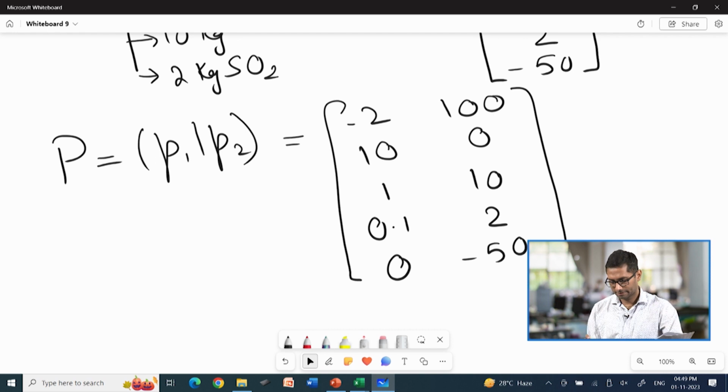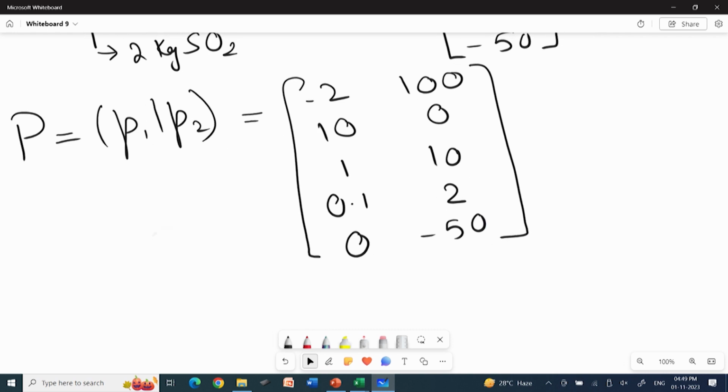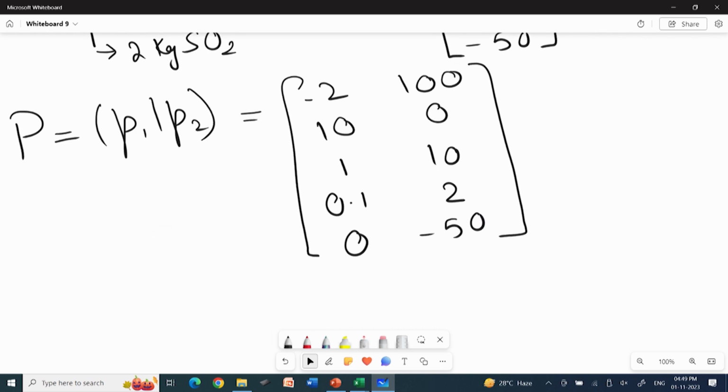So the two processes taken together could be denoted with the help of a combined matrix, which is denoted by the alphabet P, and further this matrix can be broken down into two different matrices, which is A and B. So what do I mean by the A matrix? It's basically the economic matrix, which consists of the economic flows.